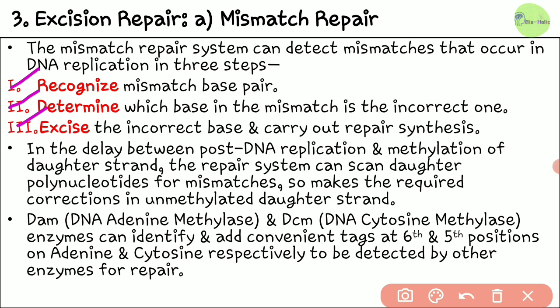The enzymes DAM, or DNA adenine methylase, and DCM, or DNA cytosine methylase, add convenient tags at the 6th and 5th positions on adenine and cytosine respectively, so that they can be detected by the other enzymes for the repair process. Clear?